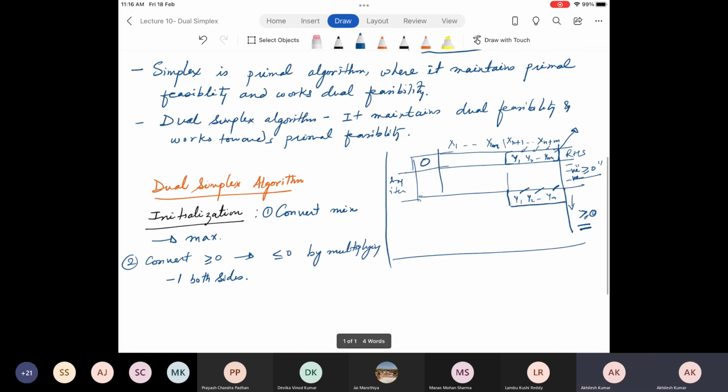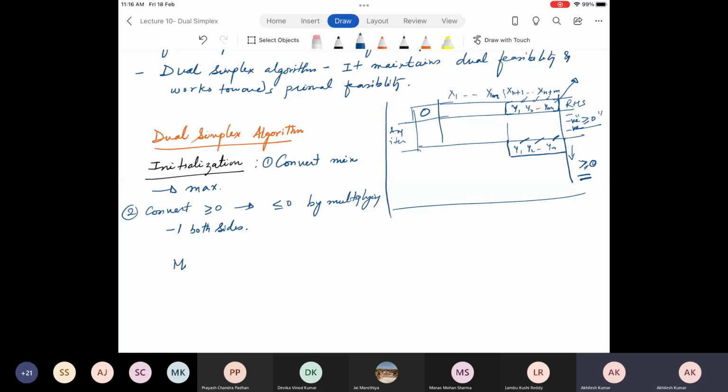Suppose I give you a problem. I'm not saying whether it is a dual or not, because when I say dual simplex, it does not mean it has to be a dual; any dual is the dual of someone or the primal of someone. So suppose I give you minimize 4x1 plus 12x2 plus 18x3, subject to x1 plus 3x3 greater than or equal to 3, and 2x2 plus 2x3 greater than or equal to 5, with x1, x2, x3 greater than or equal to 0.